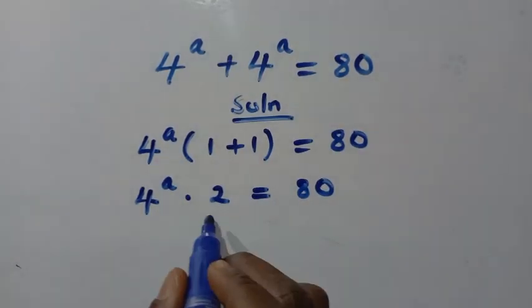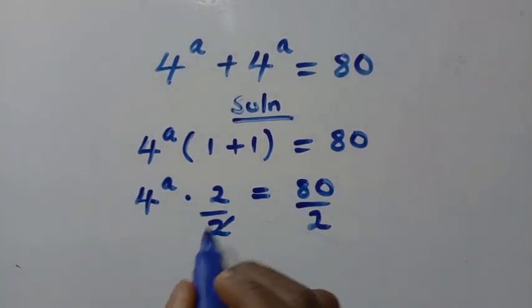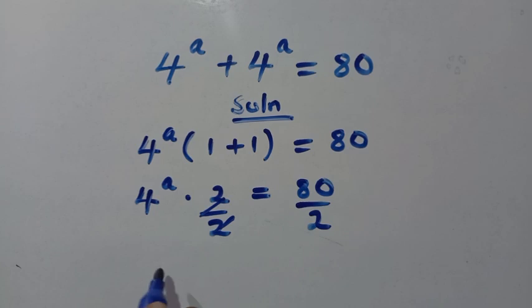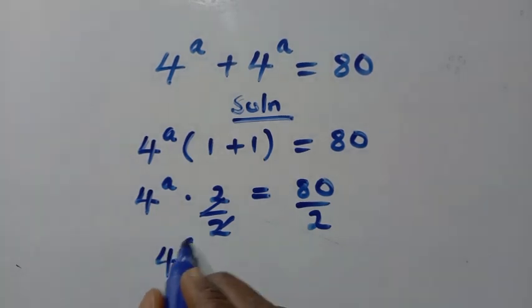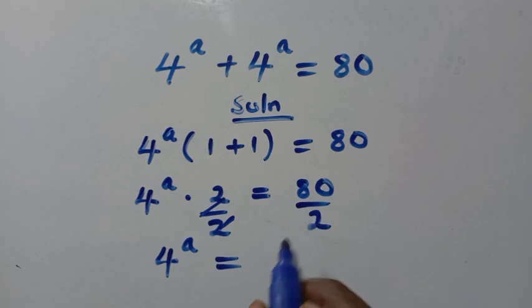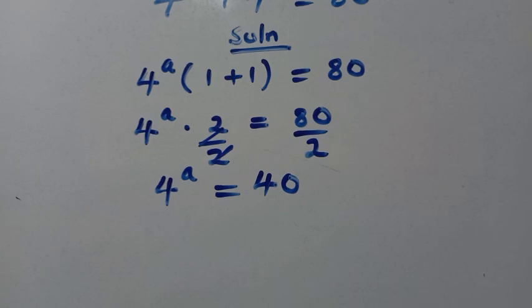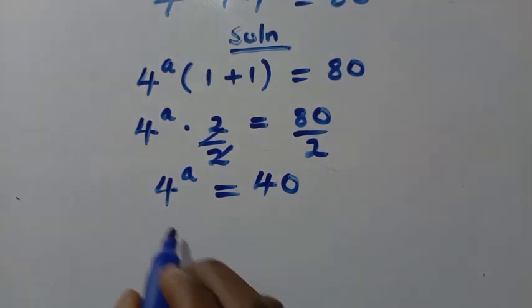By dividing both sides by 2, the 2 cancels 2, and we have 4 to the power of a equals 40.